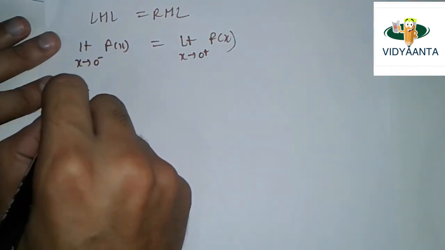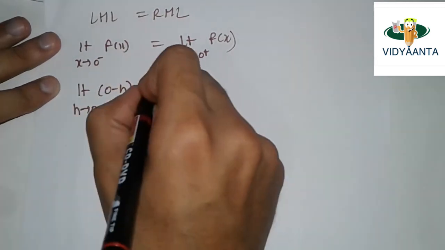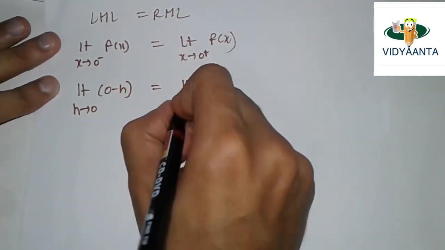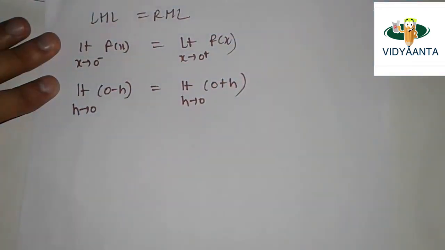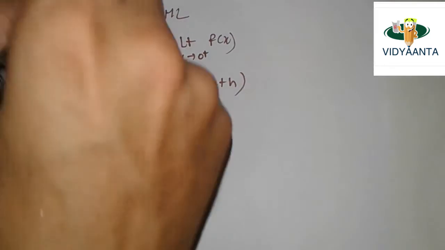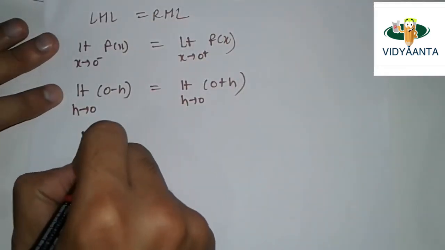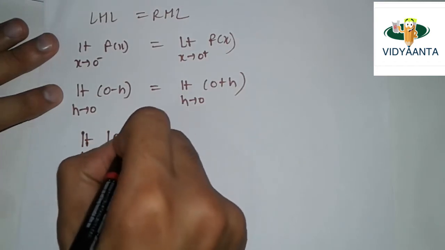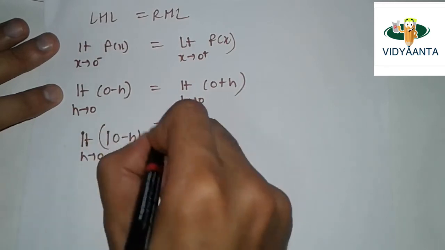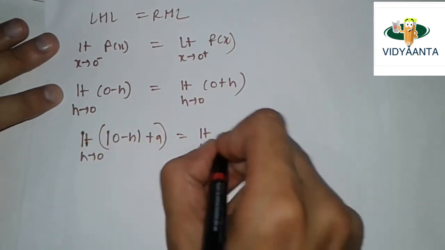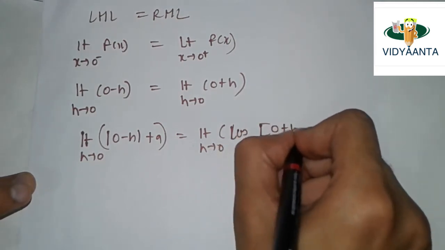Limit h tends to 0 of f(0 minus h) is equal to limit h tends to 0 of f(0 plus h). As they are equal, now putting the value of f(x), limit h tends to 0 of mod of (0 minus h) plus a is equal to limit h tends to 0 of cos of greatest integer of (0 plus h).